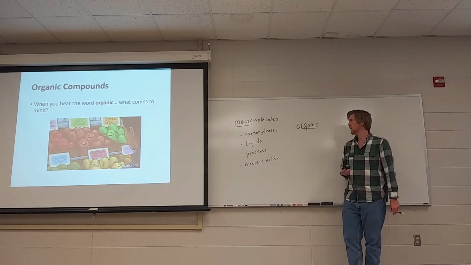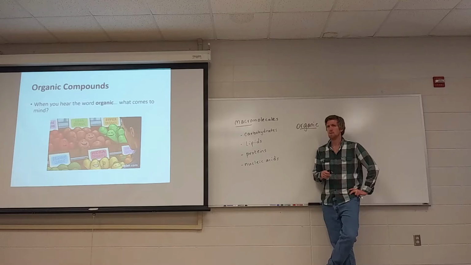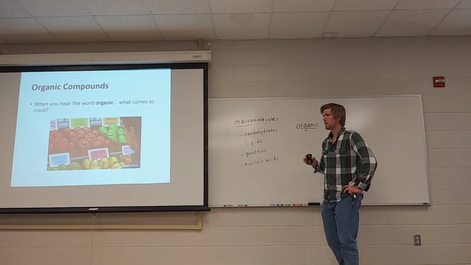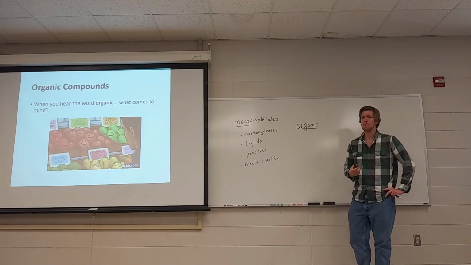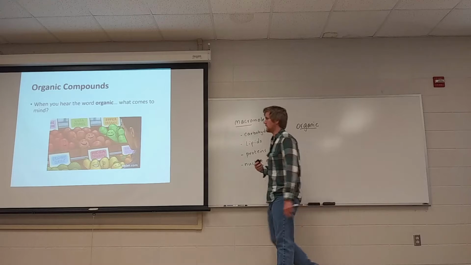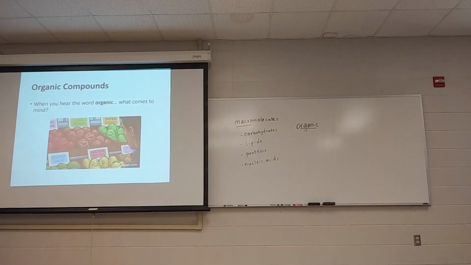Why is this organic? First thing I notice about organic food is that it's more expensive. Other things you might notice about it might have a label that says no GMO, no pesticides, locally grown, things along those lines. There are a lot of synonyms we think of when we think of organic. We might think healthier. We might think, without any type of pesticide or any type of artificial fertilizer, things like that. It's a very, very broad term.